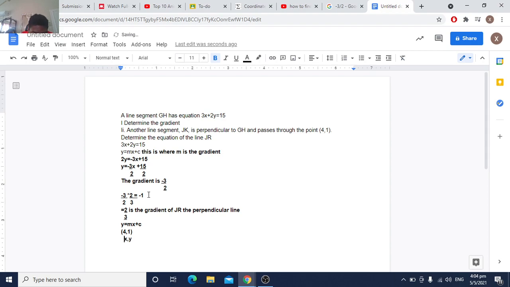Then y, which is 1, is equal to mx, where m is the gradient, 2/3, times 4, plus c.